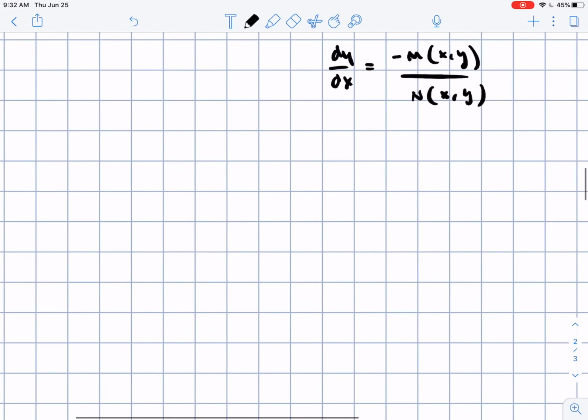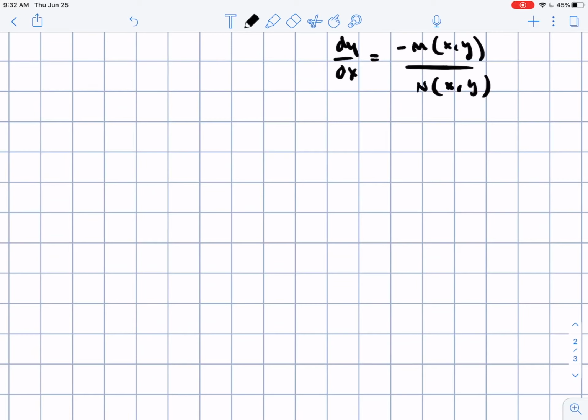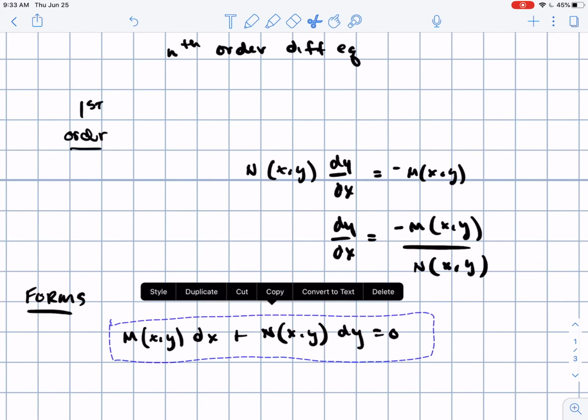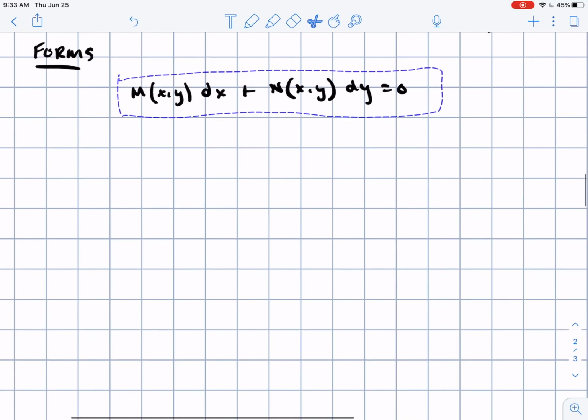You could just see there are different ways of looking at things. So what we did up here, this is a differential form.